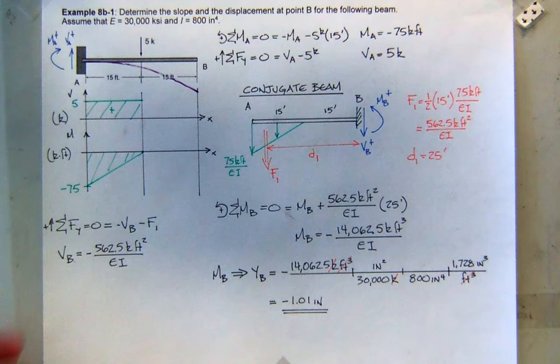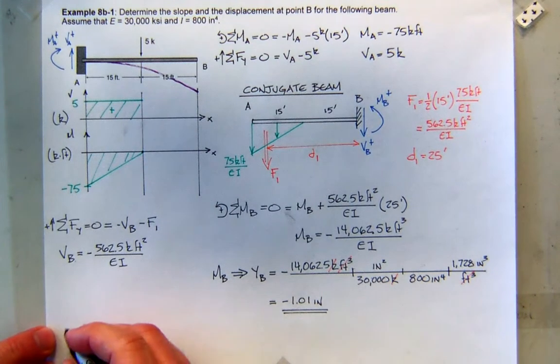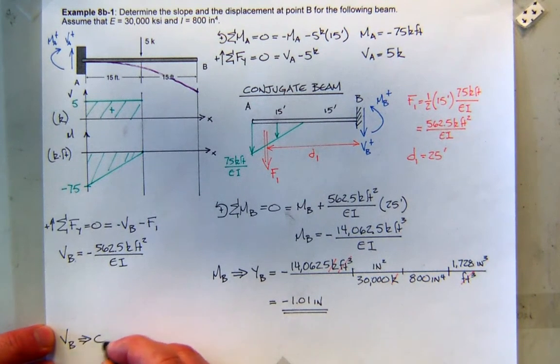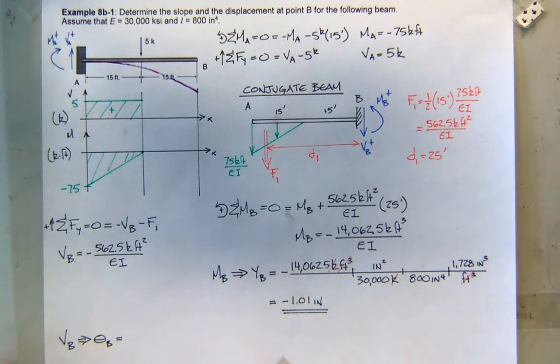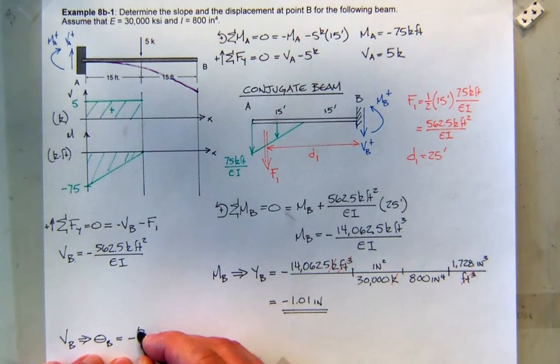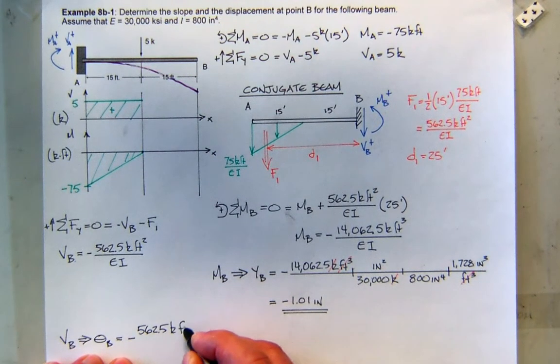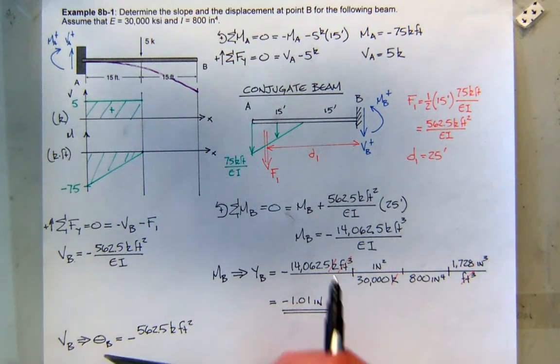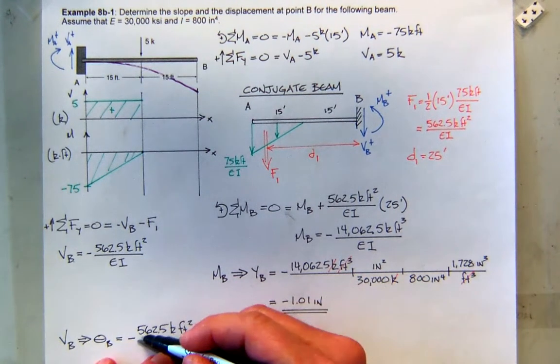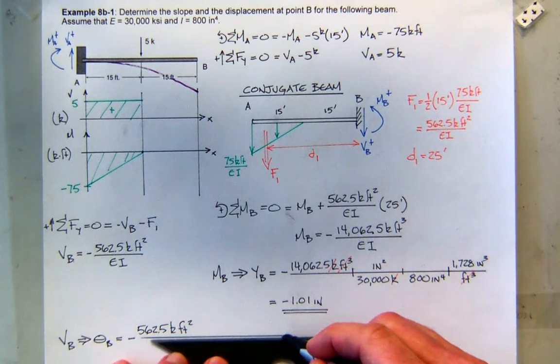So just to give you the numerical value, the shear at B is going to map into the slope at B. So I've got minus 562.5, and that's kip feet squared. I just wanted to show you this one because the unit conversion is a little bit different.